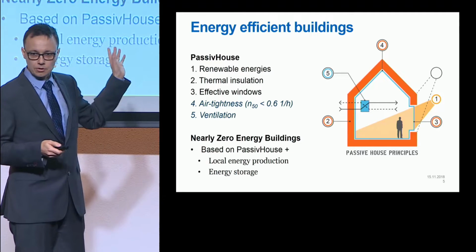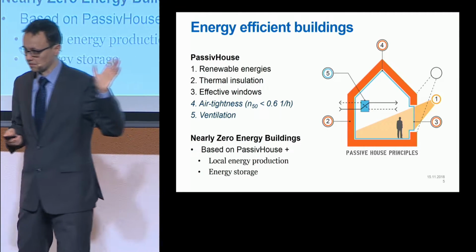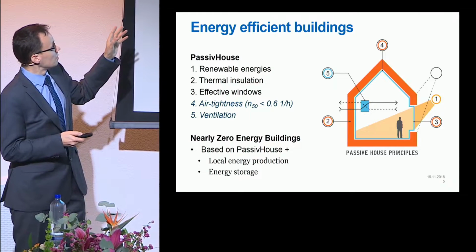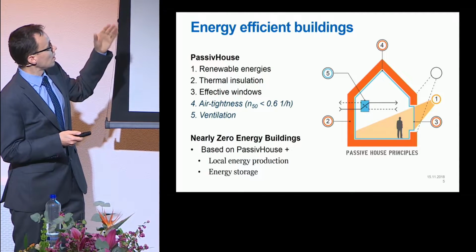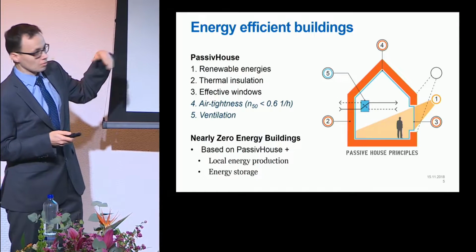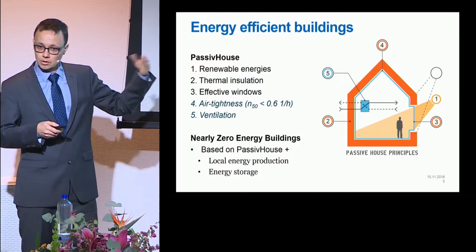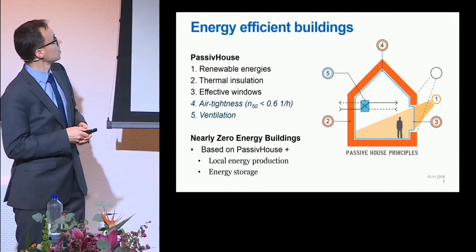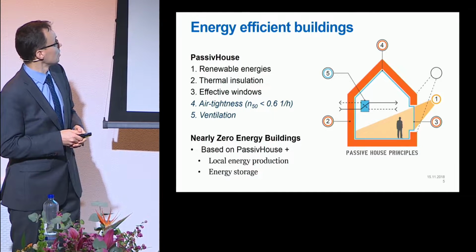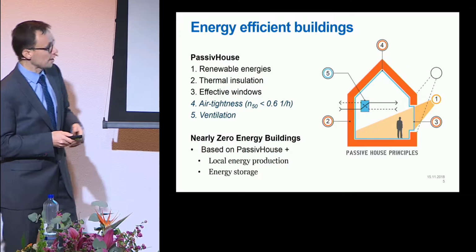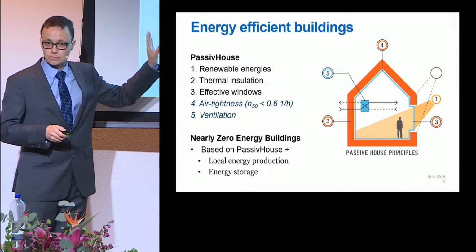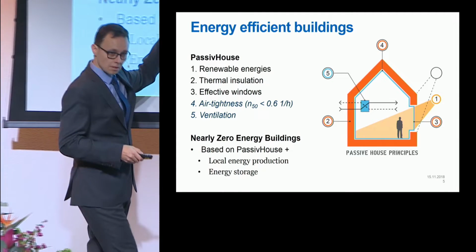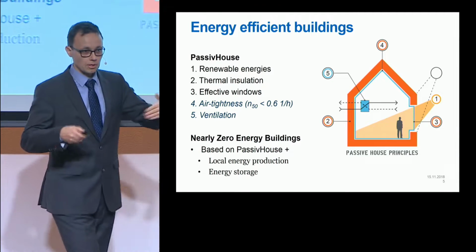That's strongly there on the background, the idea of passive house, which in practice meant requirements or proposals for the use of renewable energies, thermal insulation, effective windows, and regarding the topic of today, the airtightness, for which they had a clearly numerical limit.